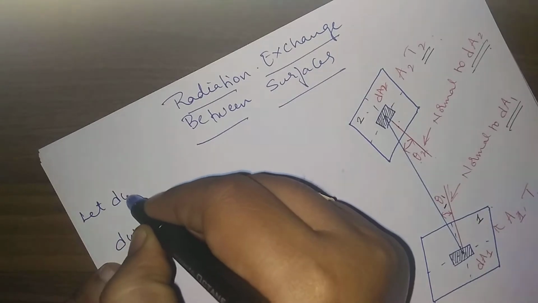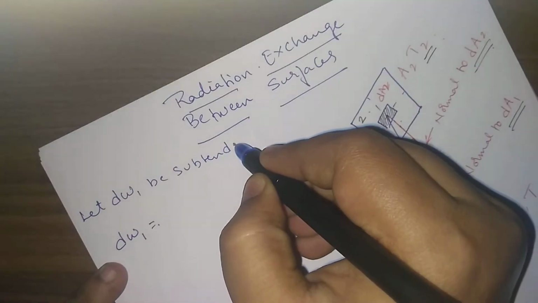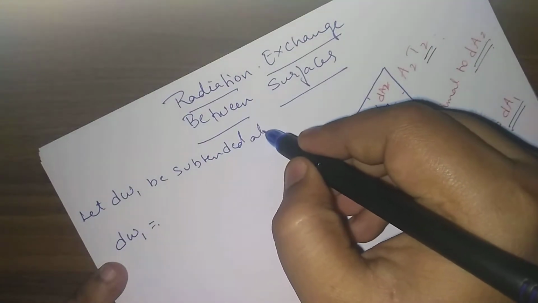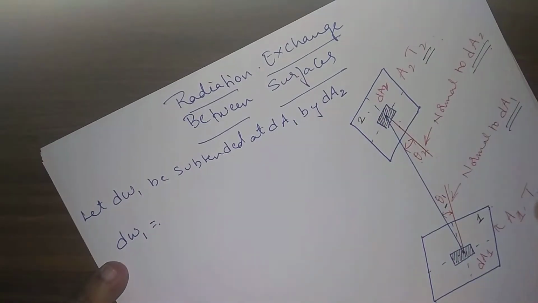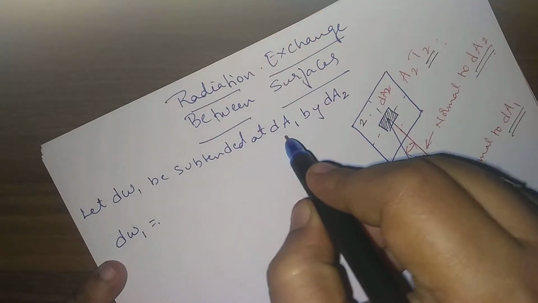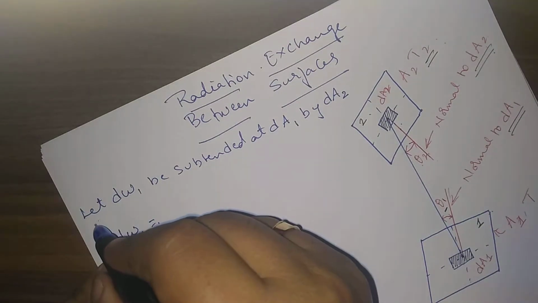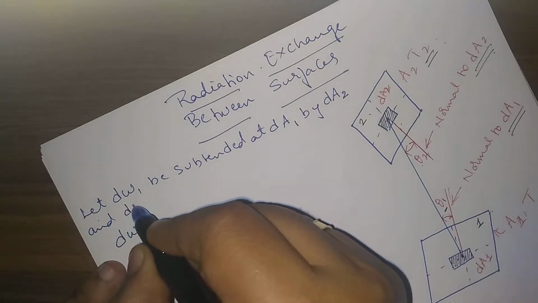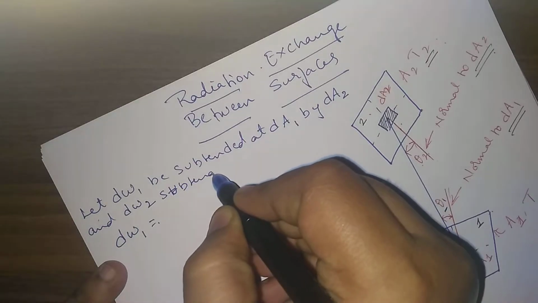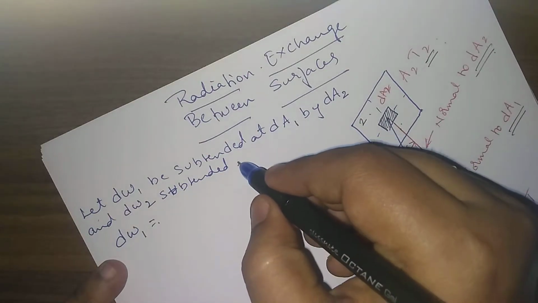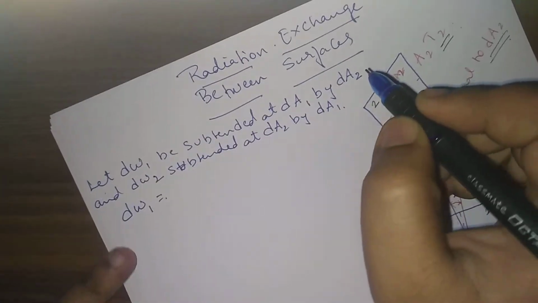Let d omega 1 be subtended at dA1 by dA2, and d omega 2 subtended at dA2 by dA1.